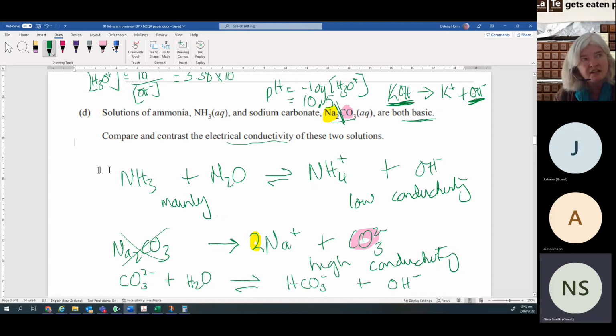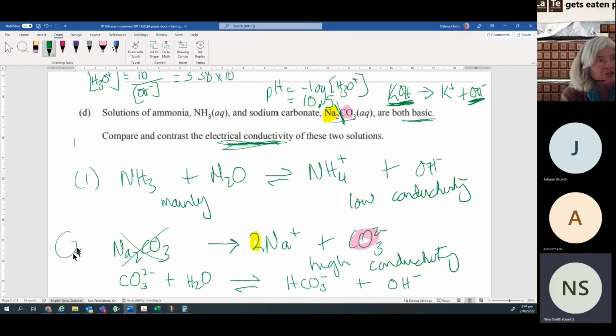So here you could say in equation 1, the equilibrium lies to the left. So we've got mainly neutral molecules, very few ions present. So it's a low conductivity. And always state what conductivity means: conductivity is when you've got charges able to move.